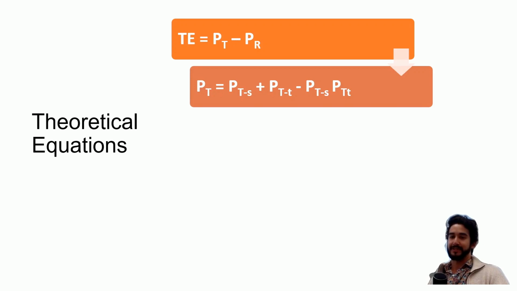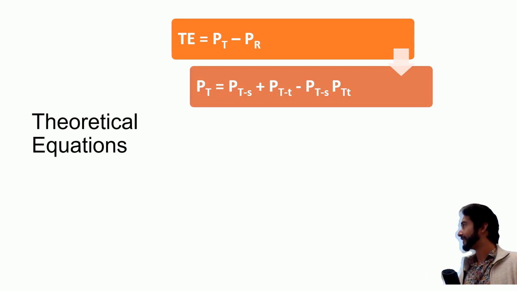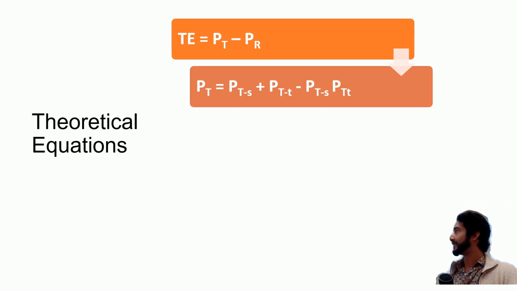So we can represent PT, or the test memory, as the probability of correct retrieval via the test memory, using the inclusive OR equation, as the sum of the study and test memory distributions minus the product of those two distributions.